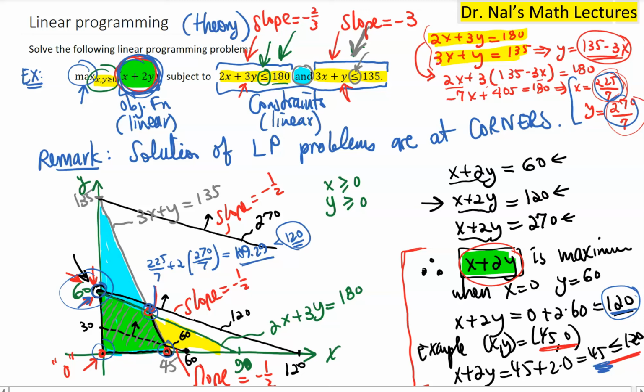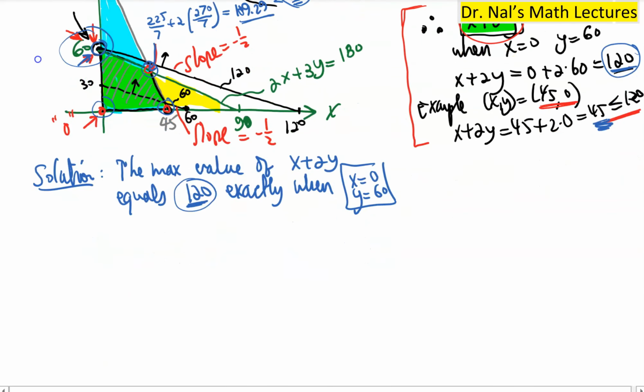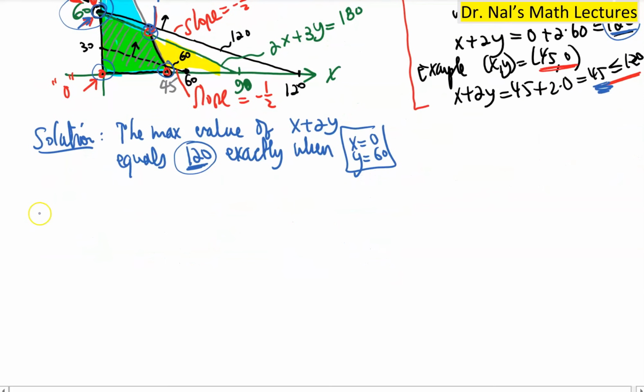So instead of the objective function being x plus 2y, let me think about it. Instead of -1/2, I want it to be a little bit steeper. How about x plus y instead? So all the other constraints are the same, except that now the objective function is x plus y.